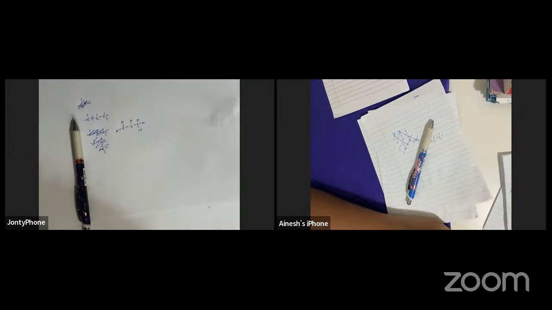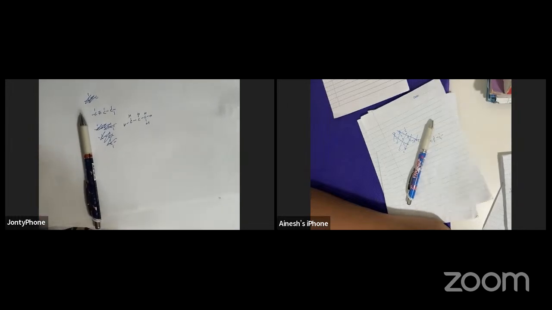So I need space on my left, and I need space on my right. Why do I need space on my left and on my right?